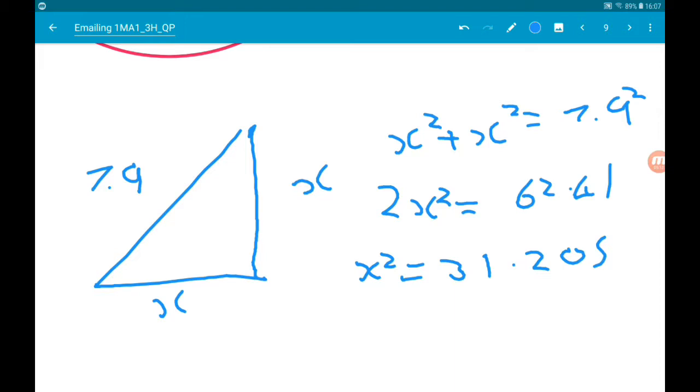Square root that, and we get x is 5.586, and so on, which to 3 sig figs is 5.59. Boom.